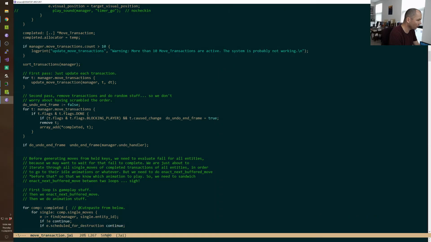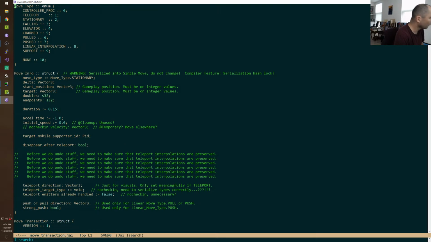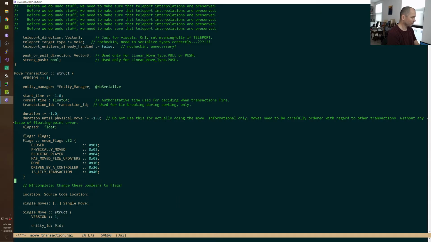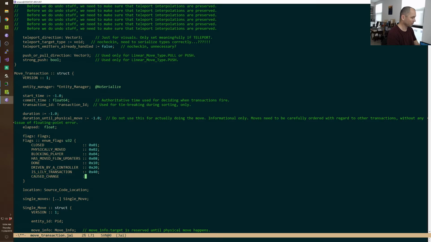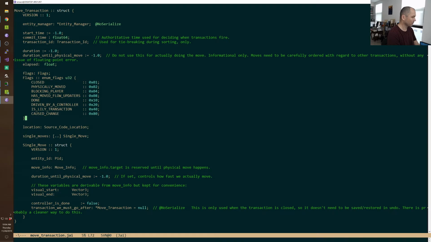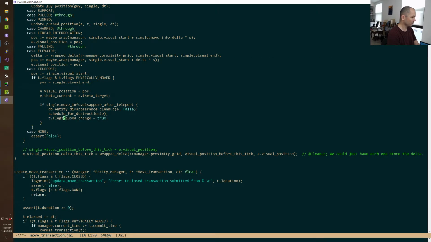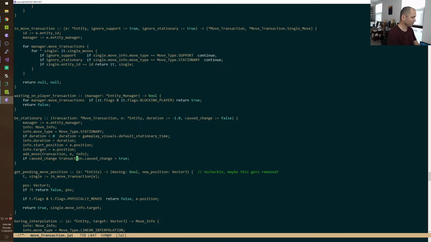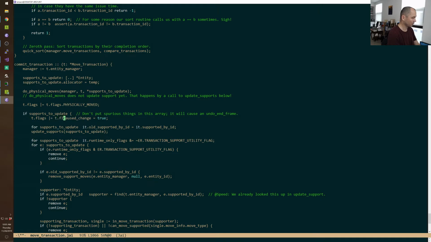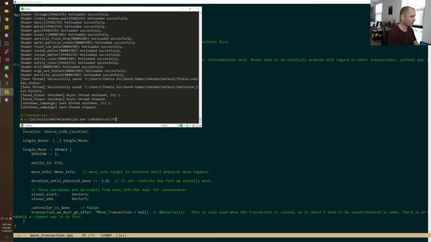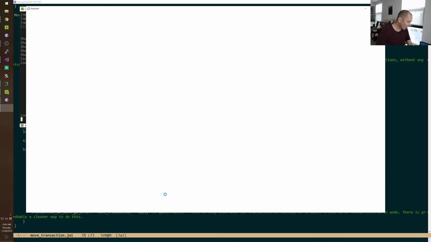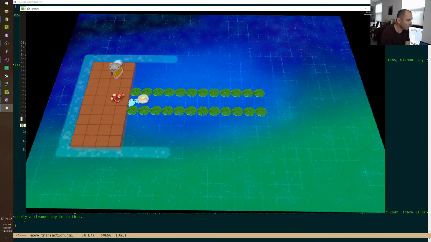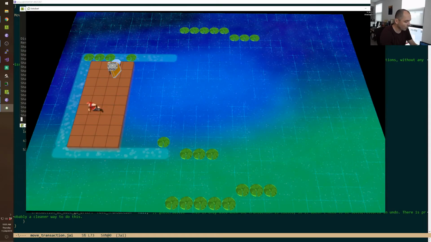To do: undo end frame. All right. Okay, that is done. Great.